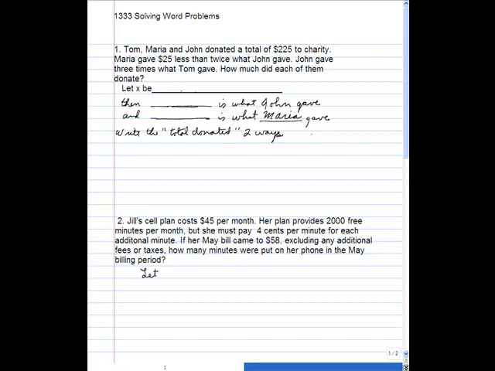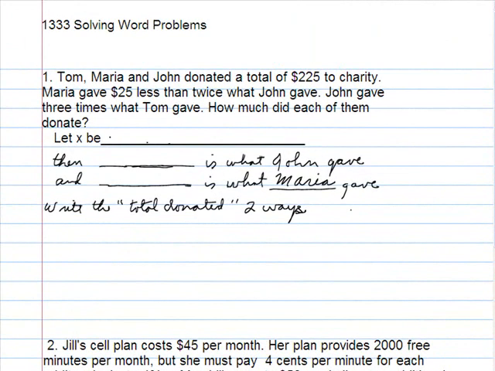So how would you say what Tom gave? Not 3x. If Tom gave x, then it's John that gave 3x, 3 times what Tom gave. So I think the best way to start this is to let x be what Tom gave, so that's what I'm going to do. Let x be Tom's donation, or what Tom gave.